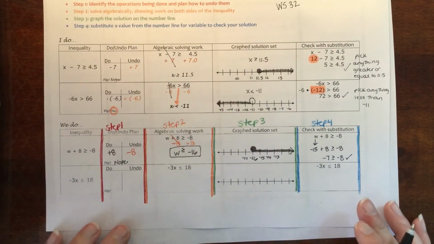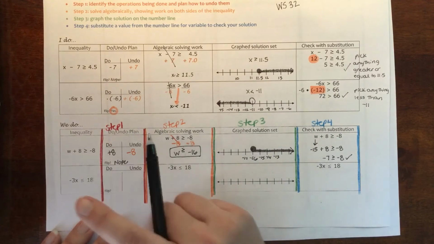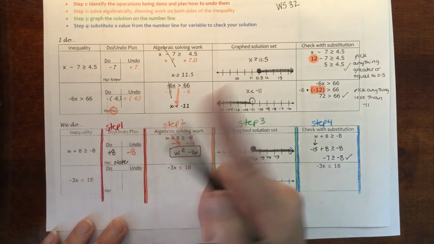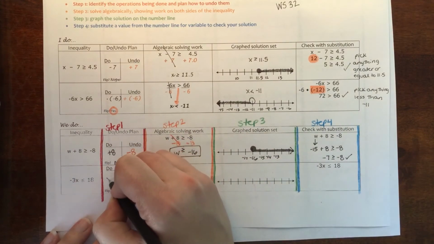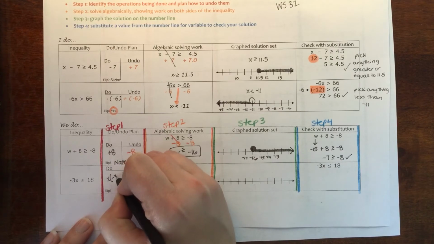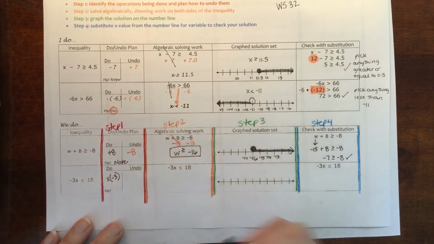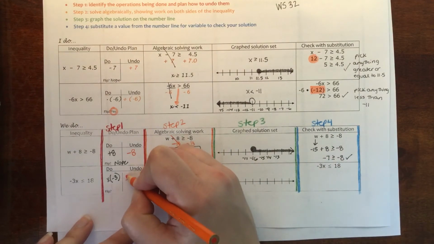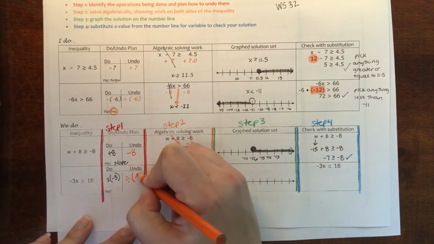For the second one that we can do together, I'm going to look at the letter. It's touching with -3. And when a variable touches a number, that means multiplication. The opposite of multiplying by -3 is dividing by -3.